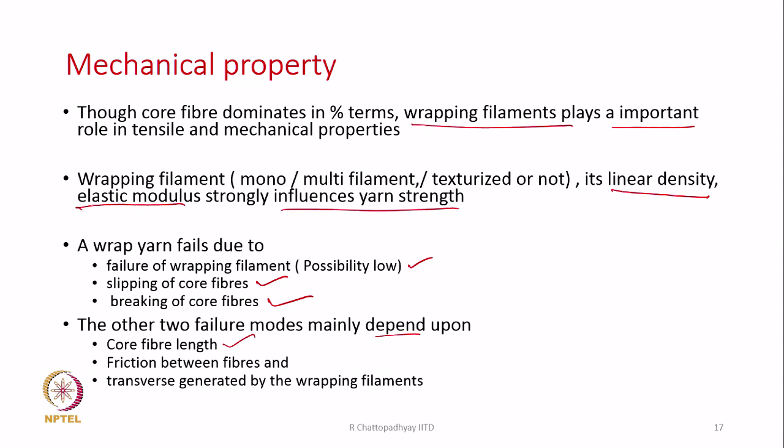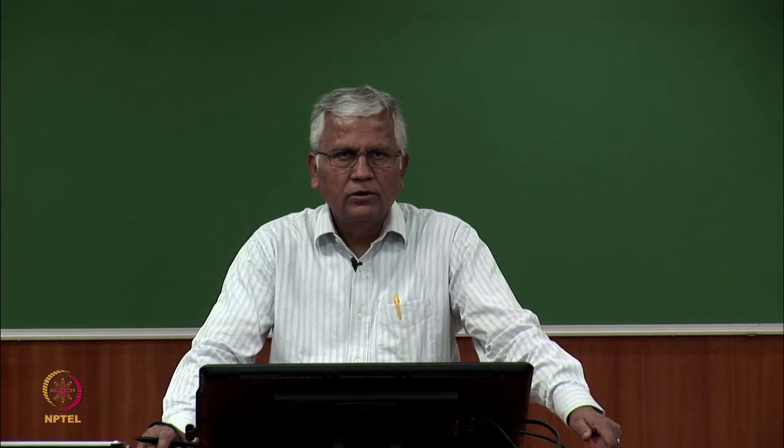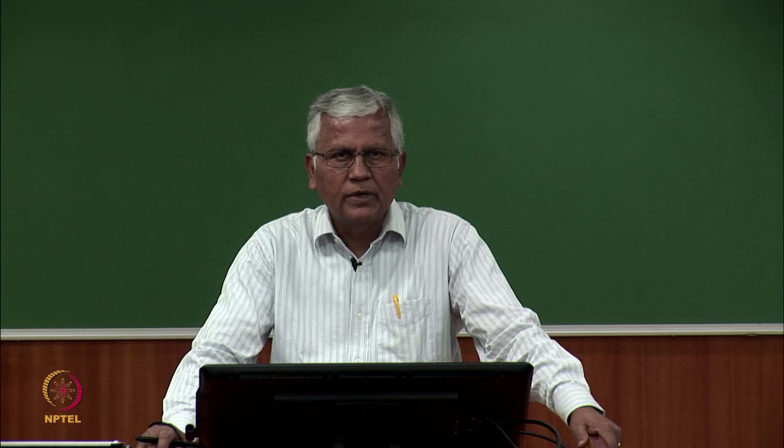Therefore, length of the core fiber will have a very great influence on the overall strength of the yarn. Then, friction between the fibers, because ultimately frictional resistance has to be built up in order to avoid slippage between fibers. So, frictional resistance or coefficient of friction between fibers will be definitely very important.